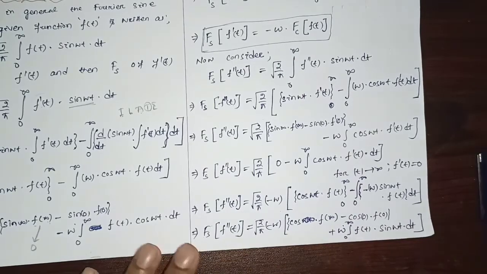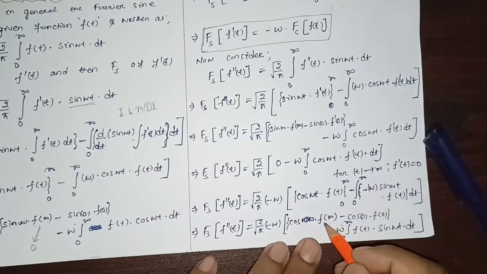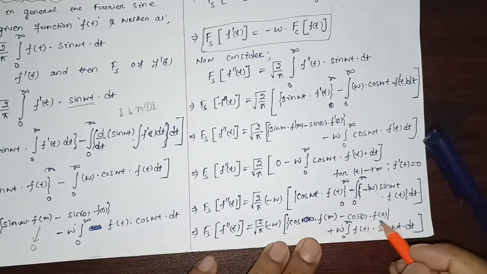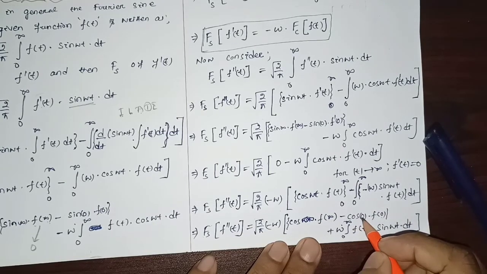So interestingly you can see that this term will be 0 because f of infinity will be 0, but this term will not be 0 because f of 0 is not 0 and cos 0 will be 1.